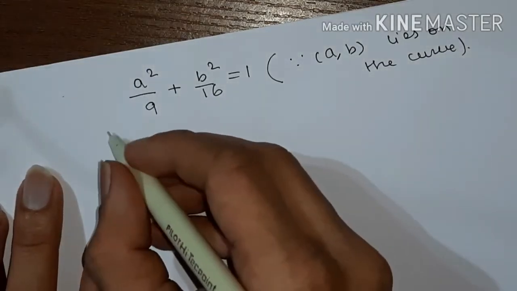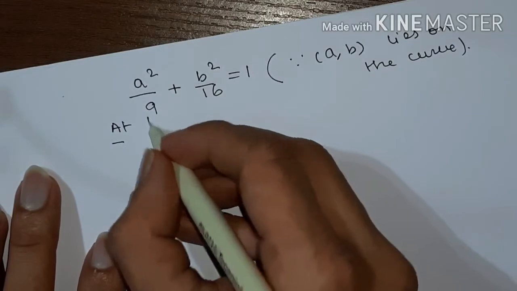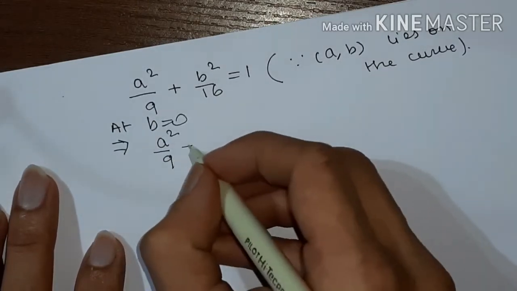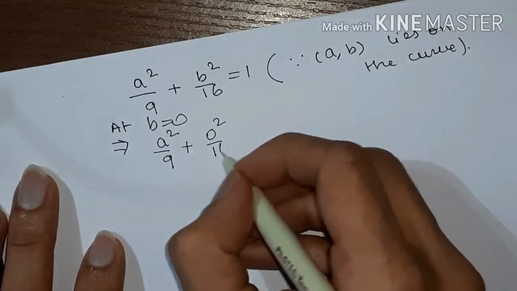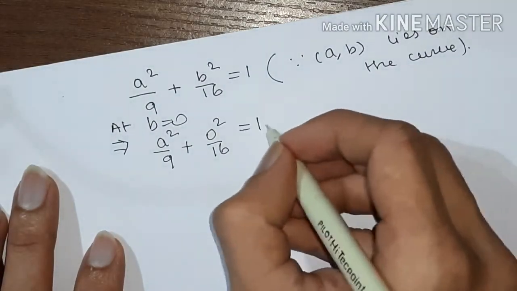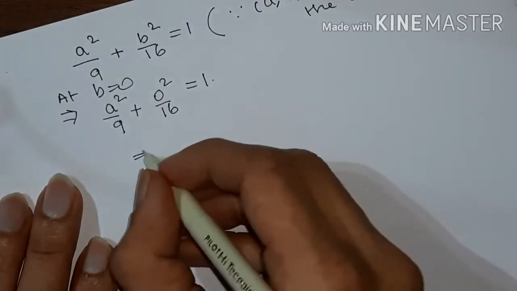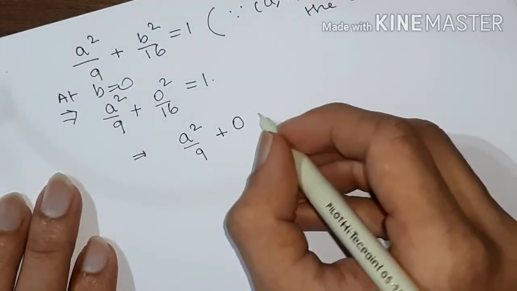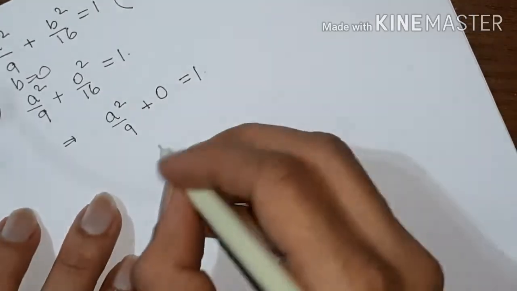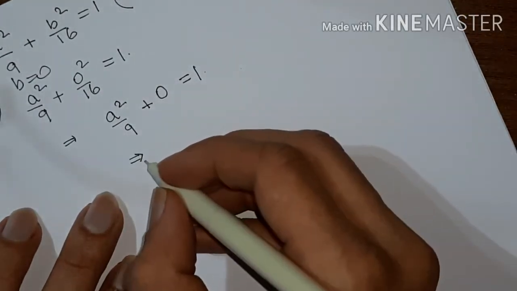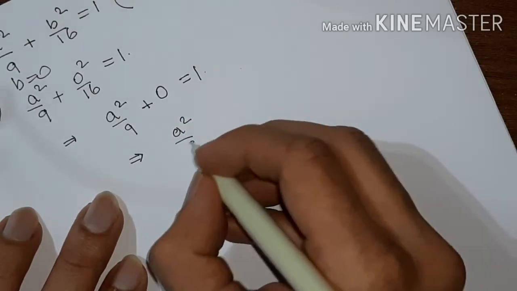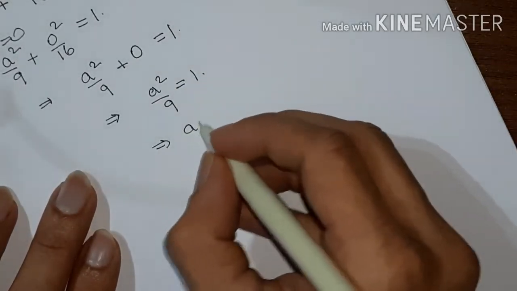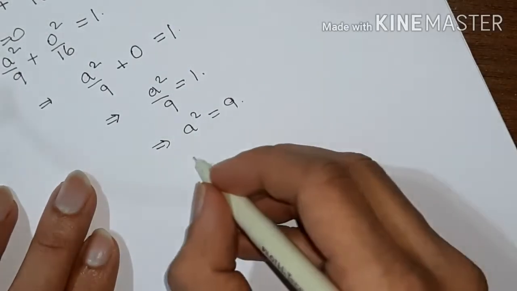So at b equal to 0, we get a square divided by 9 plus 0 square divided by 16 is equal to 1. That means a square divided by 9 is equal to 1, so a square is equal to 9.